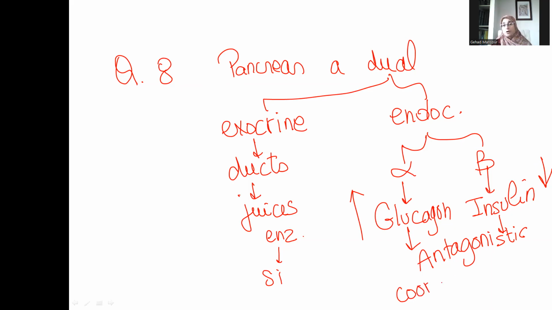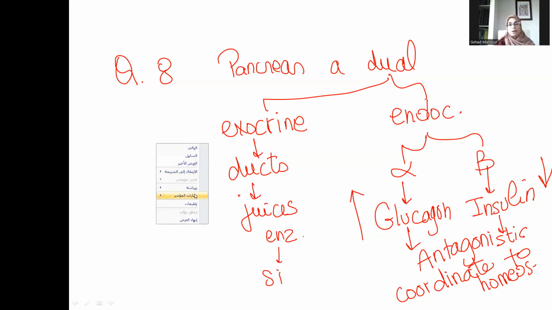Yet although they are antagonistic in function, they coordinate to achieve homeostasis, meaning that they act according to the context. If you have a lowered blood glucose, then the pancreas will secrete glucagon. But if you have an elevated blood glucose, then the pancreas would secrete insulin.